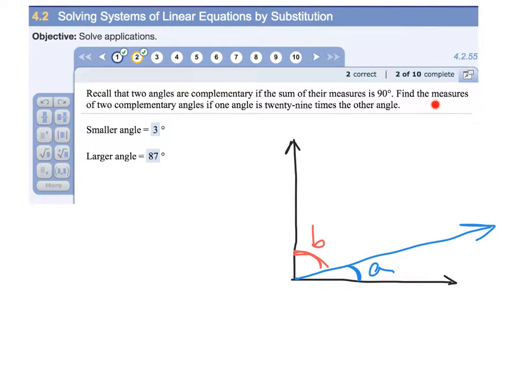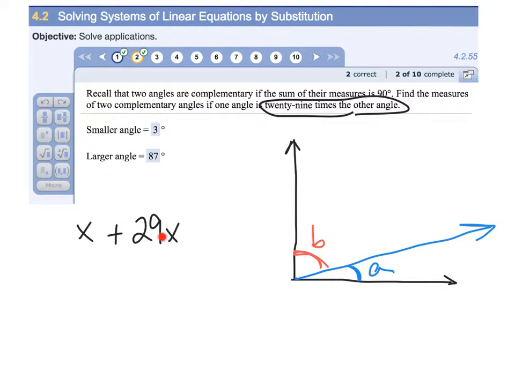Now it says find the measure of the two complementary angles if one angle is 29 times the other angle. So if the tiny little itty-bitty angle is x, that means the other angle is going to be 29x because it's 29 times bigger.